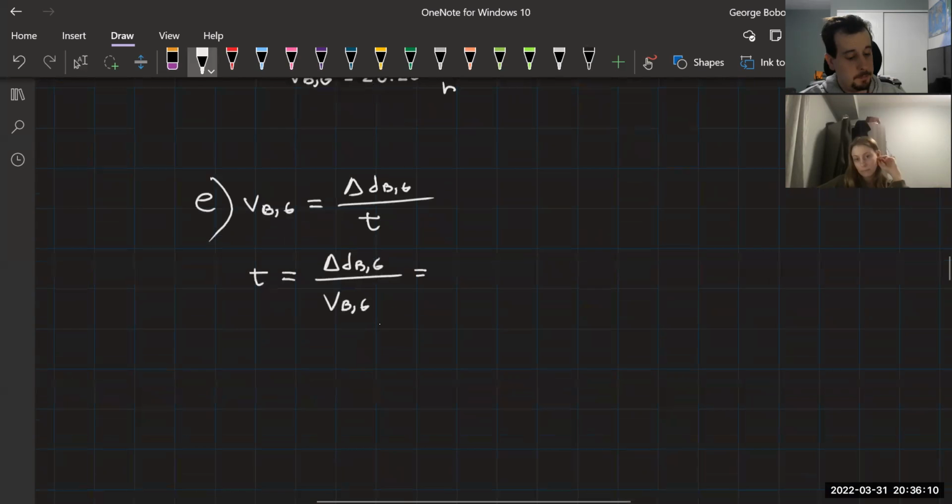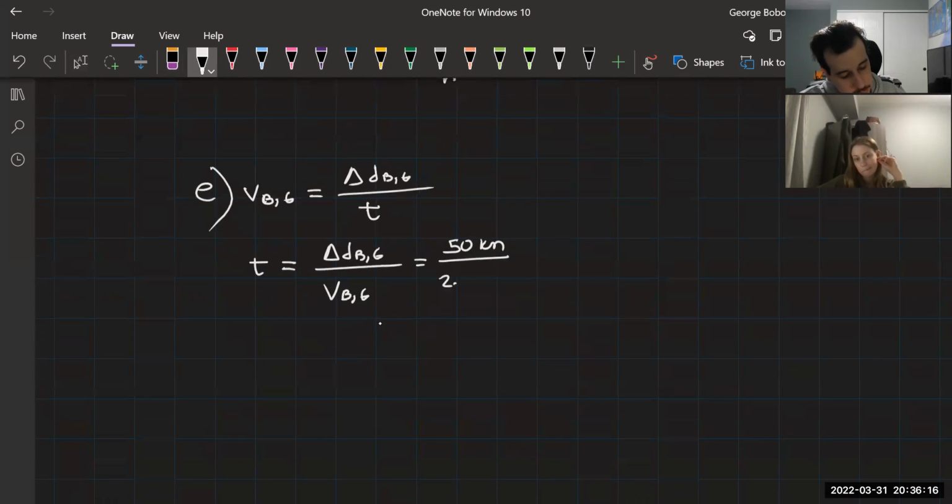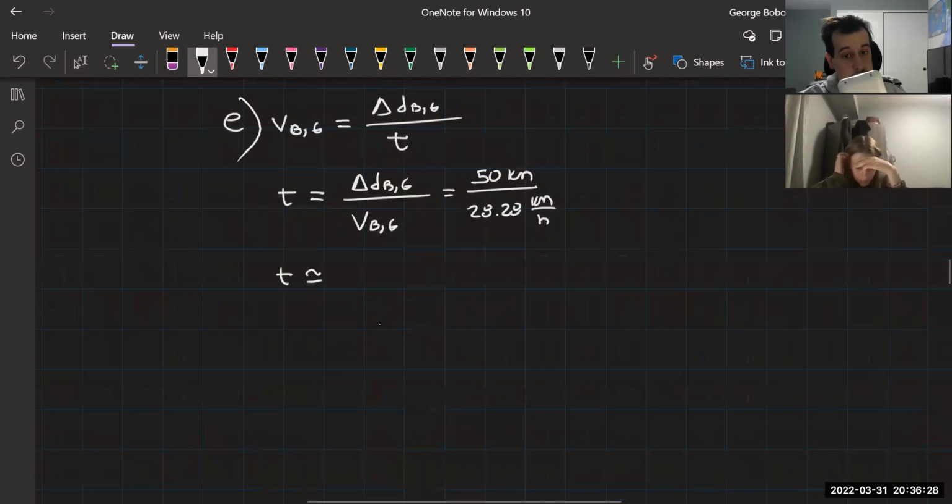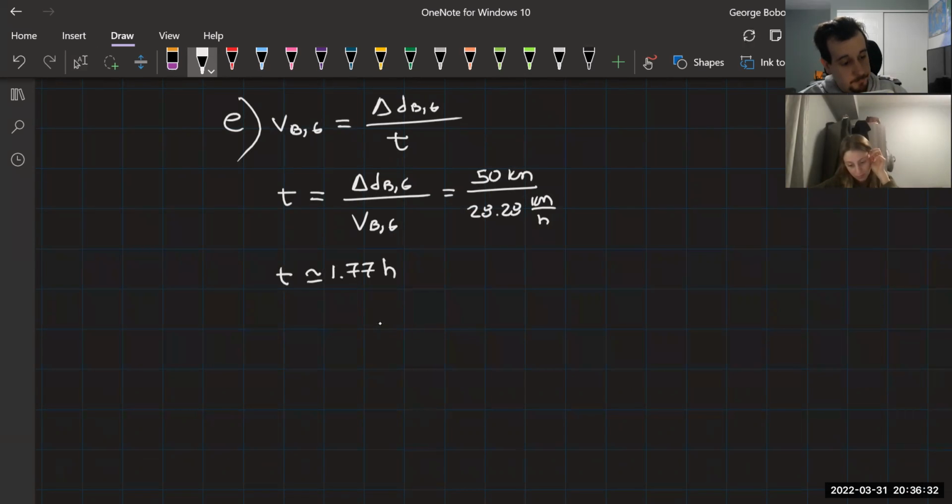I need to remember that. And so we have 50 kilometers between the ports divided by 28.28 kilometers per hour. Therefore, we get that this ordeal should last 1.77 hours. The end.